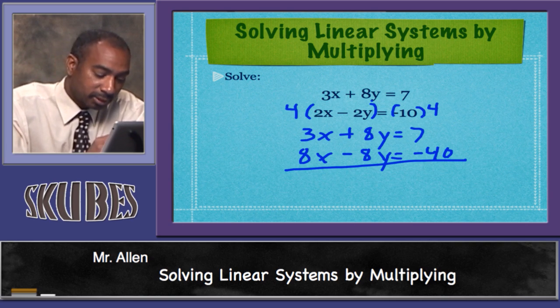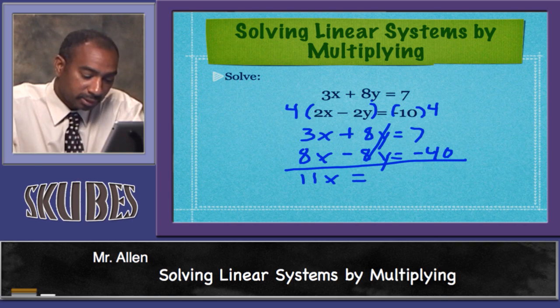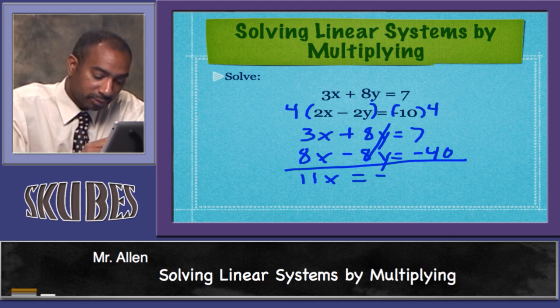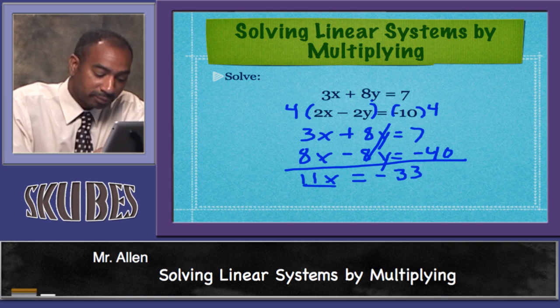So 8 plus 3 is 11x. 8y plus negative 8y is 0. And 7 plus negative 40 is negative 33. I divide both sides by 11. That tells me that x has to equal negative 3.